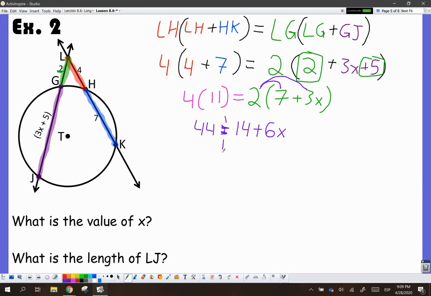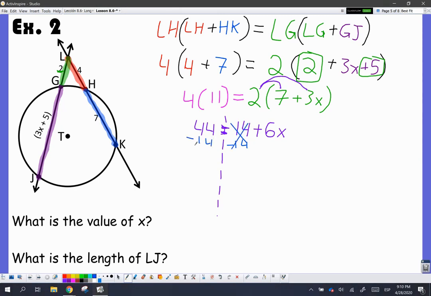So now I'm going to solve this. And I want to draw my line through here so that I can solve for x. First thing I'm going to do here is I need to see if I have x's on both sides. And I do not. I only have an x on the right-hand side here. So because of that, the next thing I'm going to do is move all my constants to the left-hand side. So that means getting rid of this 14. So I'm going to subtract 14.